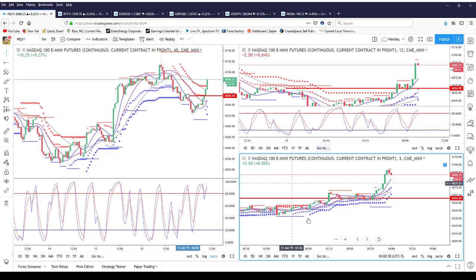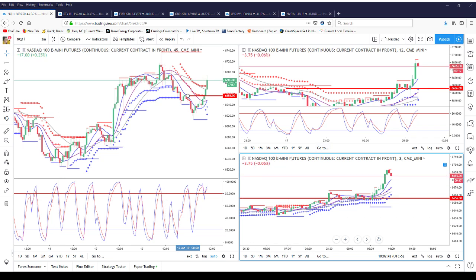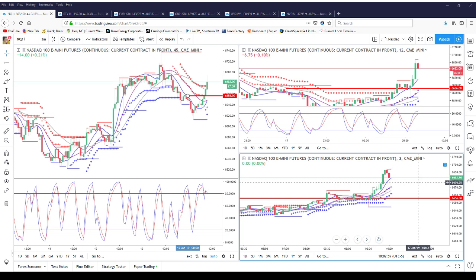I don't go out 3 strikes. For a $35 risk on the US Tech 100, you'd have to go to 66.80, which is about here.